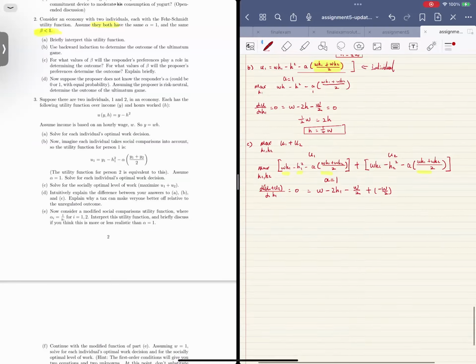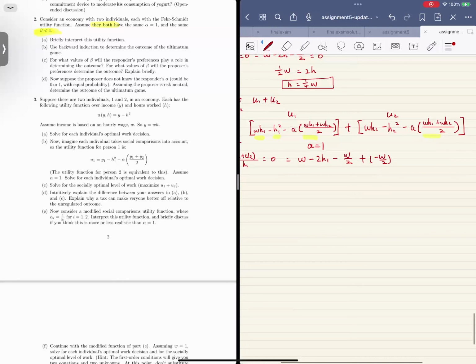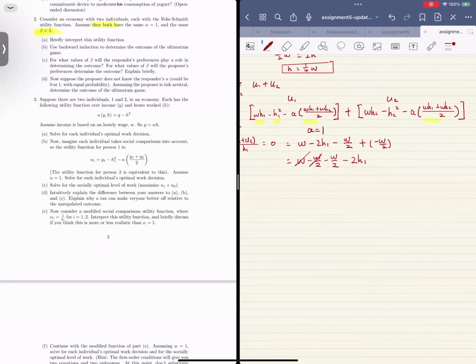So we have w minus w over 2 minus w over 2 minus 2h1. Everything cancels out, so we have h1 equals 0.